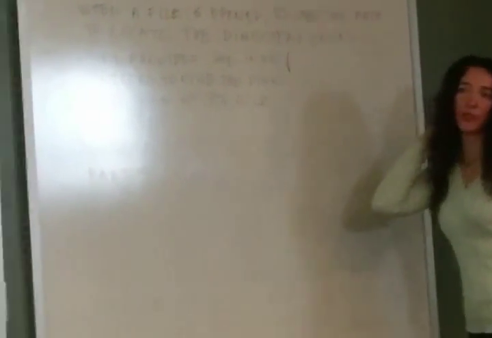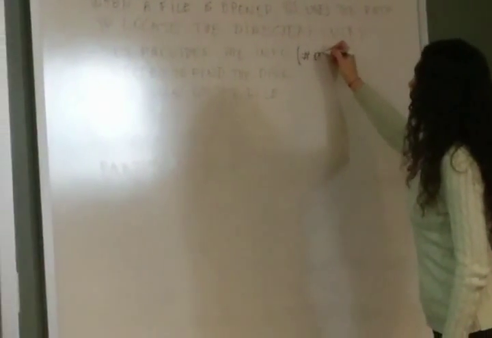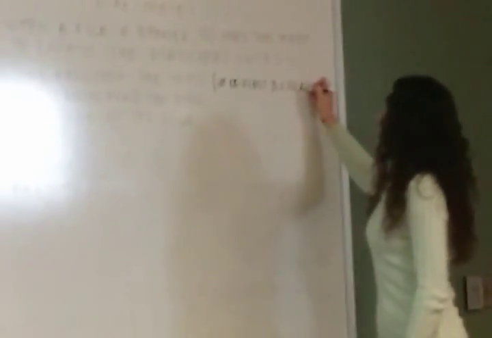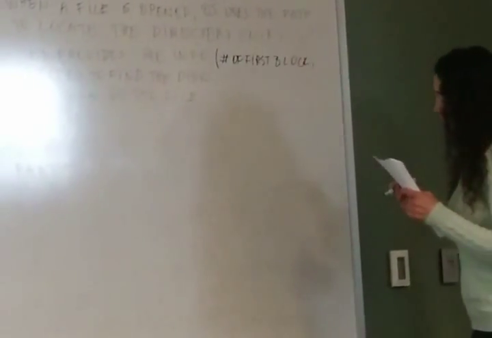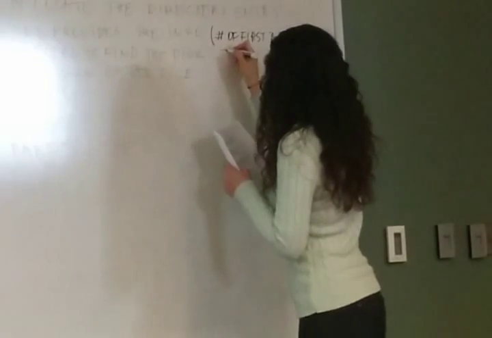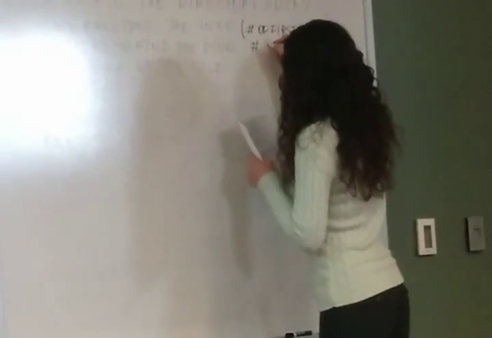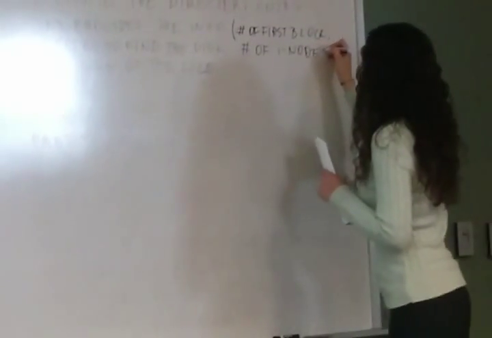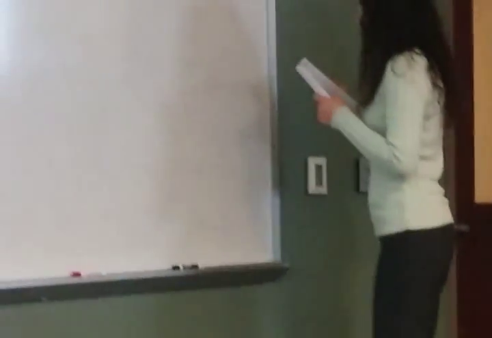If we're using contiguous allocation, we need the number of the first block. If we're using inodes, we need the inode. Each inode has a number. So we would use the inode number for the particular file.